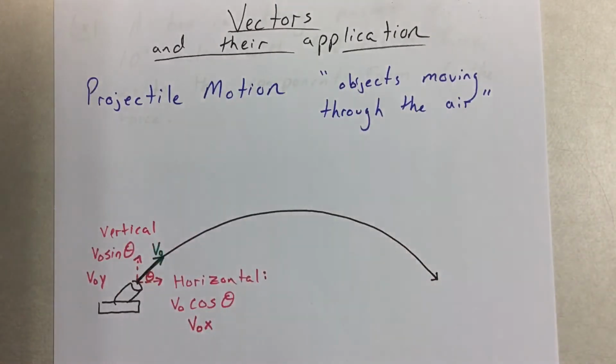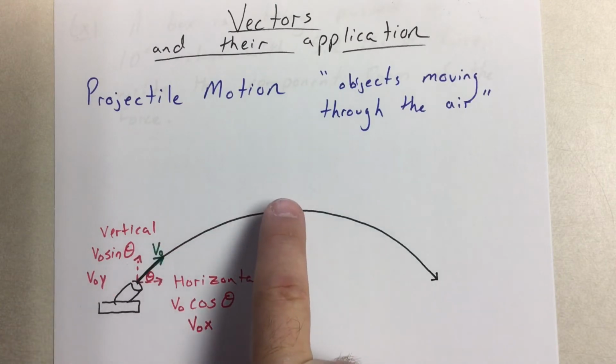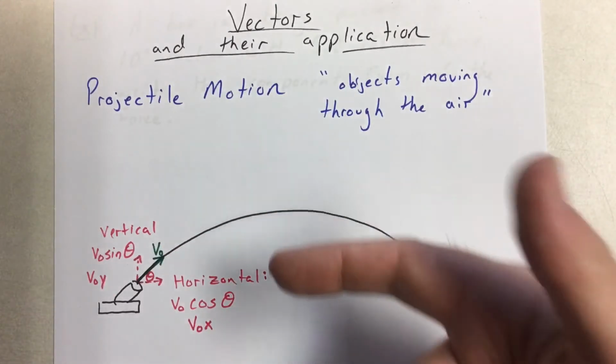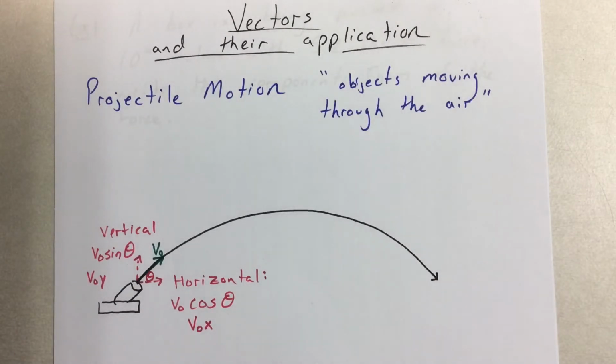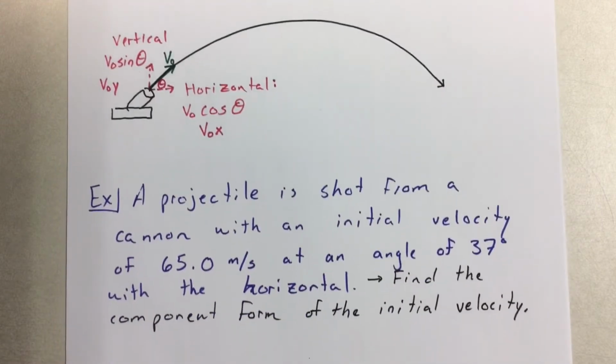Whereas the vertical component of the velocity changes with respect to gravity. Gravity affects the velocity at a certain point, and at the topmost point, the vertical velocity is 0. Okay, so there are equations that we have, but let's look at an example just to talk about these two components.